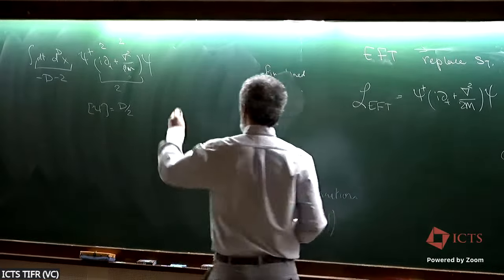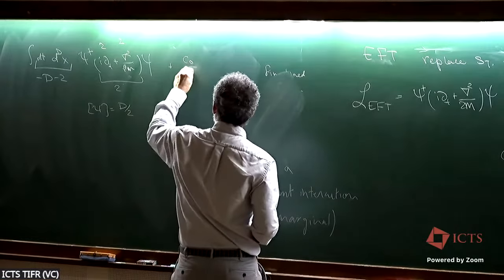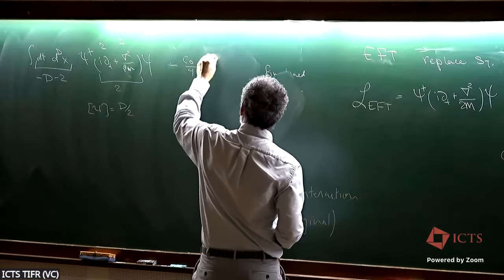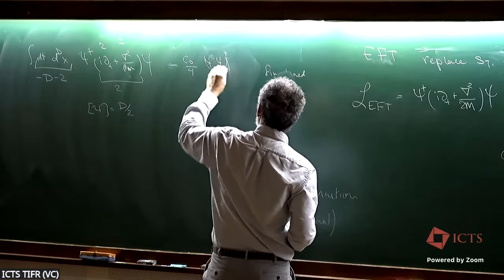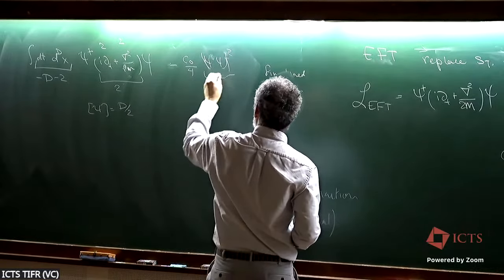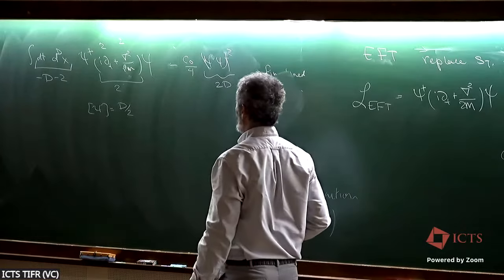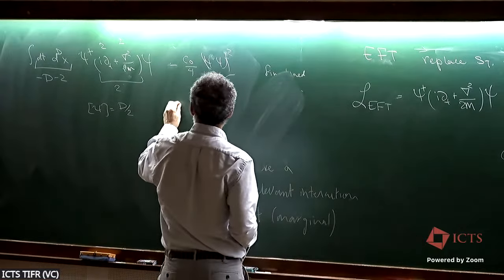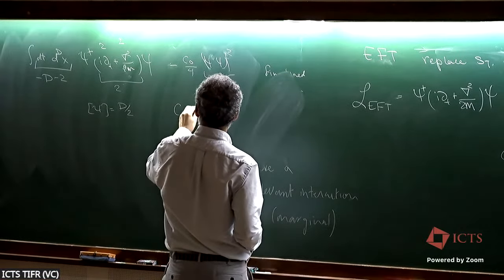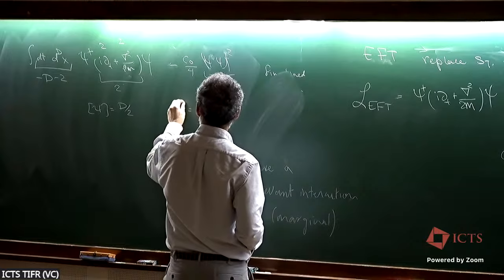But when we look at c naught over 4, (psi dagger psi) squared, this has dimension 2D as before, but now we've got a -D minus 2 here, and so we find that c naught has dimension D minus 2.